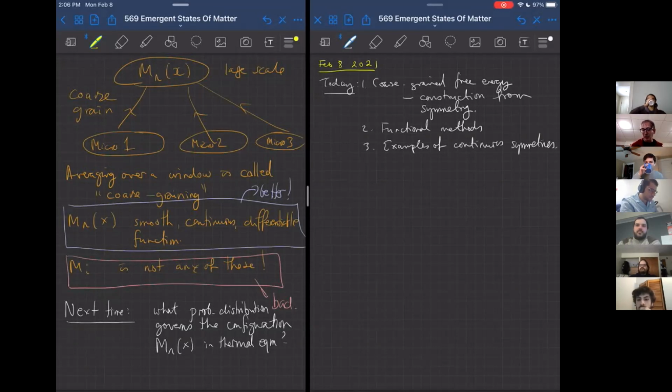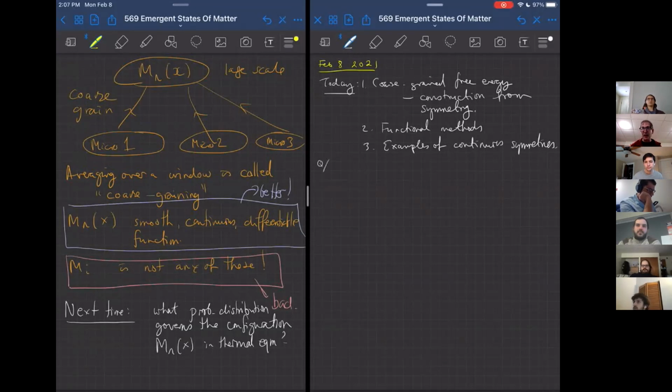And then I want to talk at the end about systems with continuous symmetries. So for now, we're just going to be still talking about spins that point either up or down. So these are Ising model type symmetries, discrete symmetries. But at the end of the lecture, we will talk about systems with continuous symmetries.